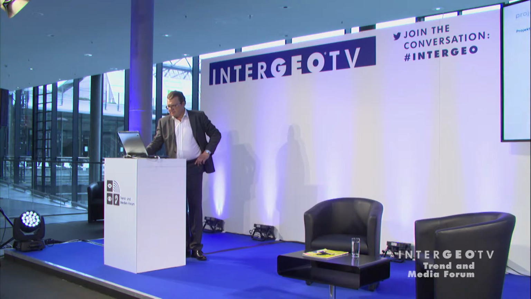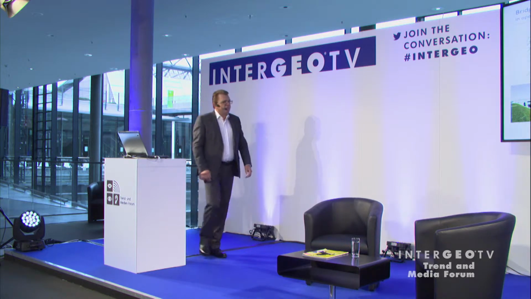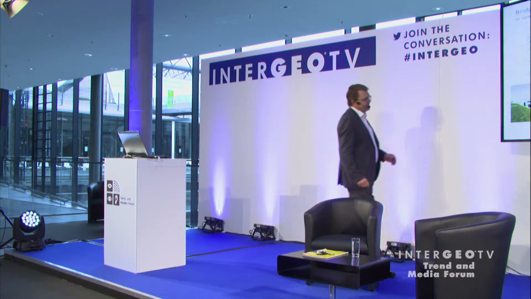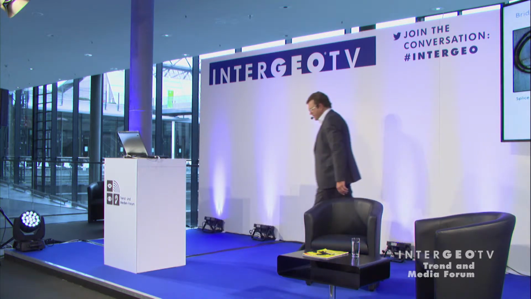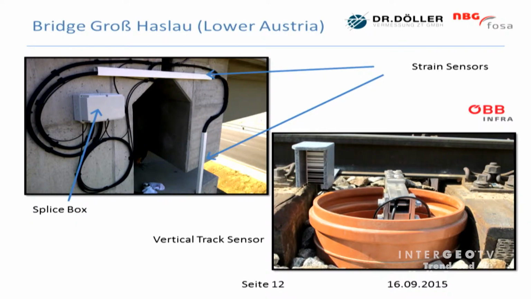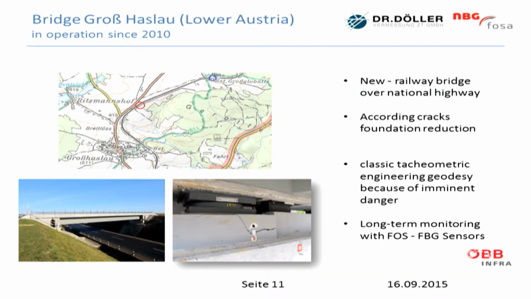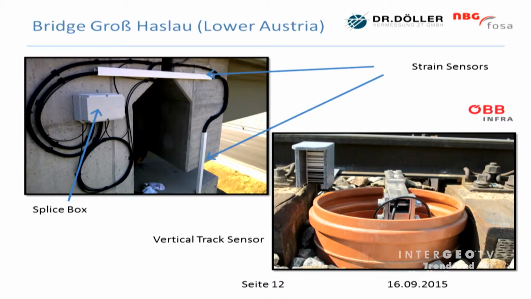The first project was a classical bridge movement in our area. You see a new road under a railway, and it started to crack, as you see in the right picture below. We installed a monitoring system with vertical and horizontal strain sensors, which are permanently under measurement, 24 hours, 7 days a week.